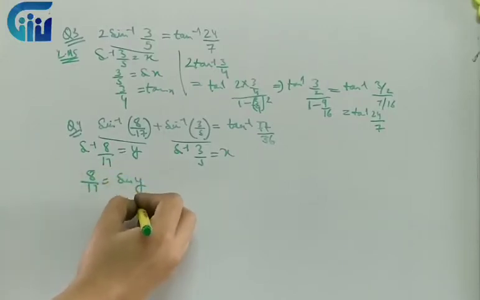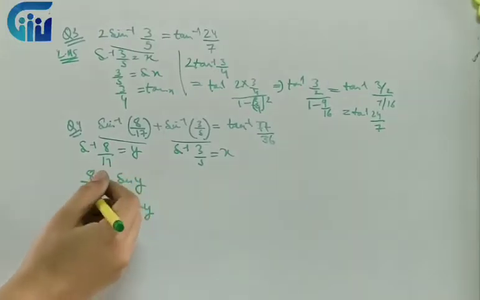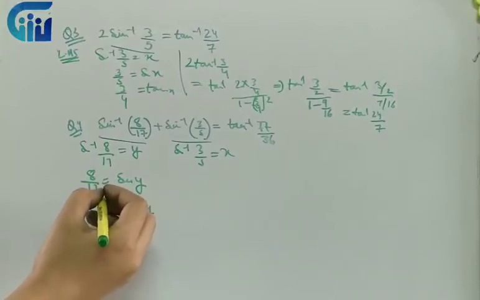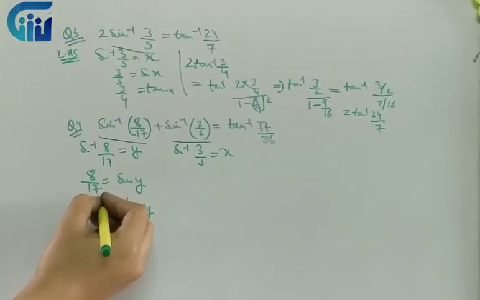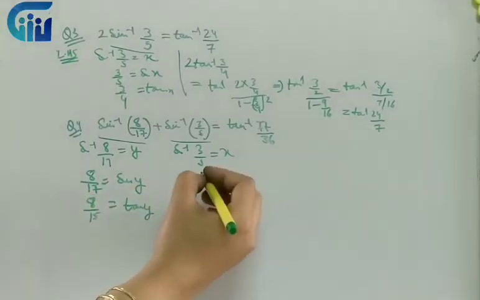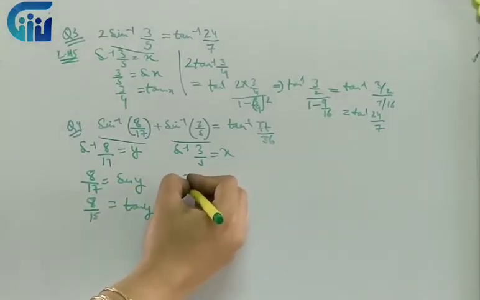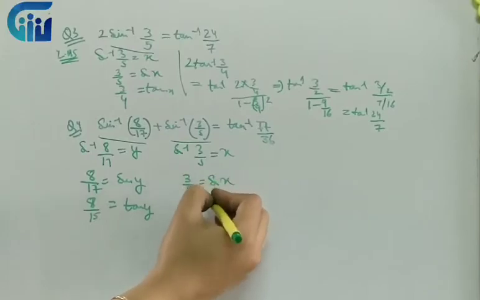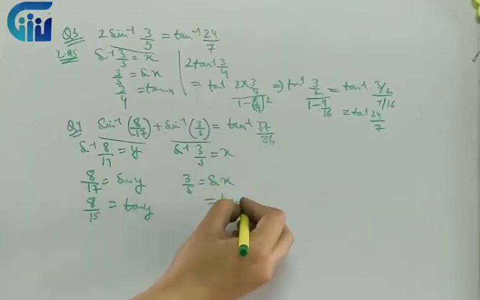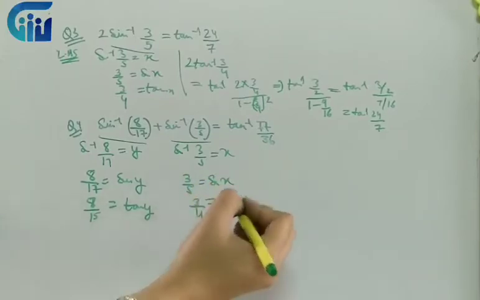By Pythagorean triplet we will write tan y is equal to, this is 17, so it will be 15, so 8 by 15, right? Over here, 3 by 5 is equal to sin x. This is how you will be writing in the exam as well. So tan x is equal to 3 by 4, right?